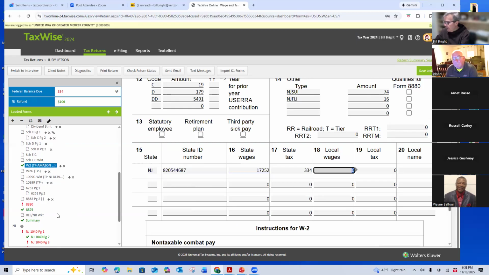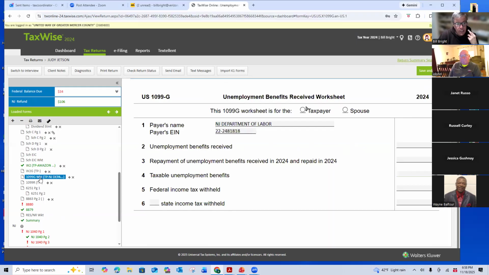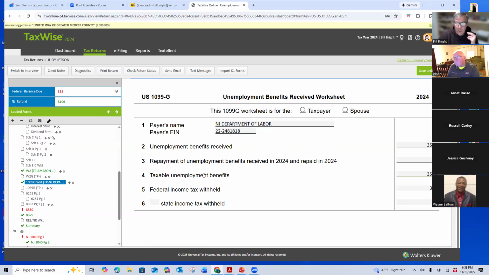Now, going back to her information, it said that she had some unemployment. So right here is a 1099-G for New Jersey unemployment. Total benefits received were 3,500, and federal tax withheld is 350. Okay, student loan interest.